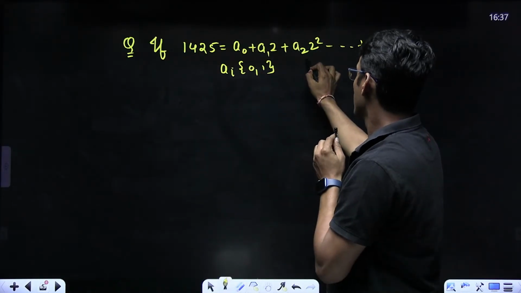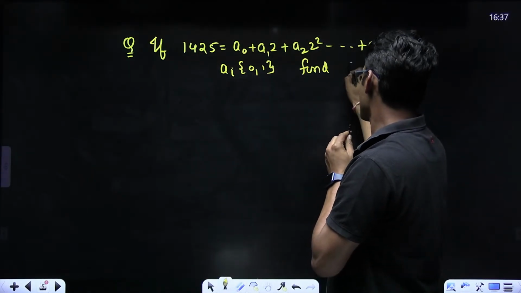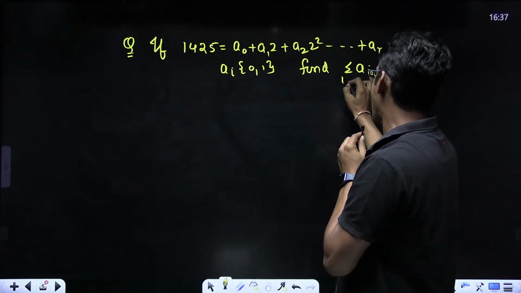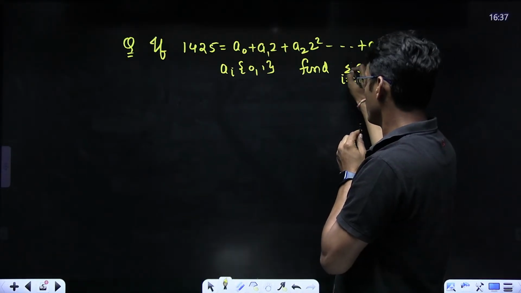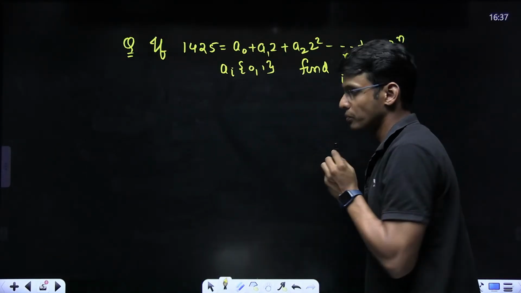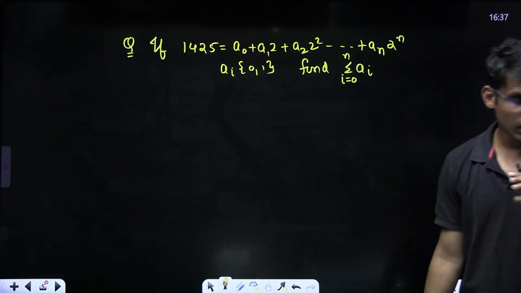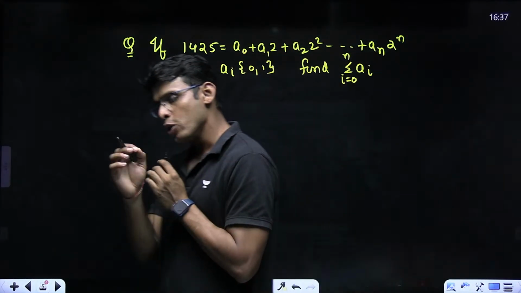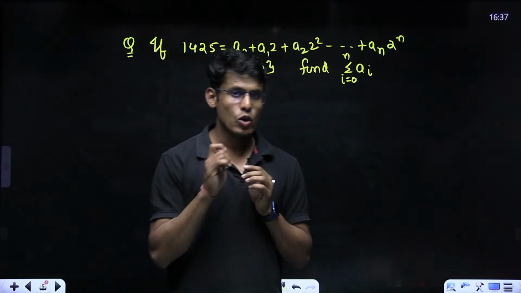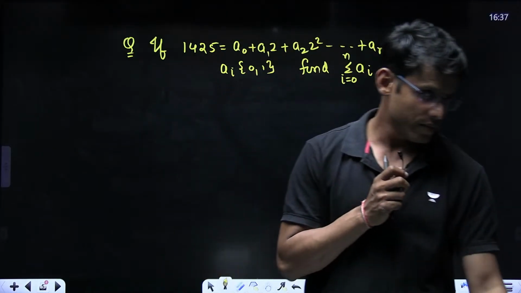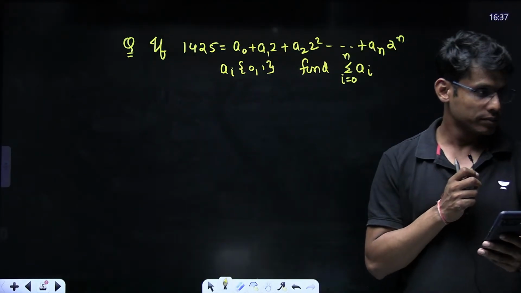Find sigma a i, i from 0 to n. And I will give you a very innovative method to understand this question. Please tell me.